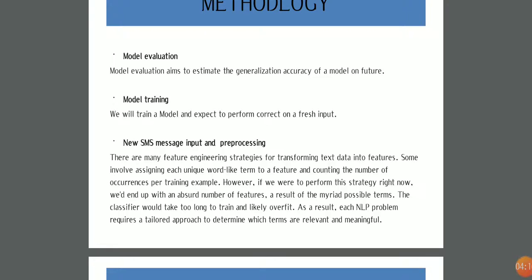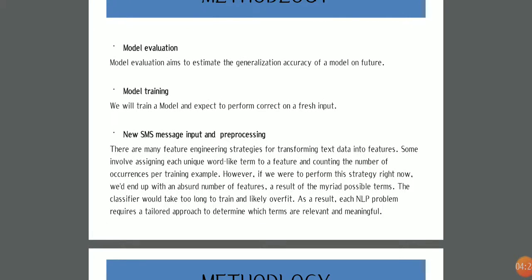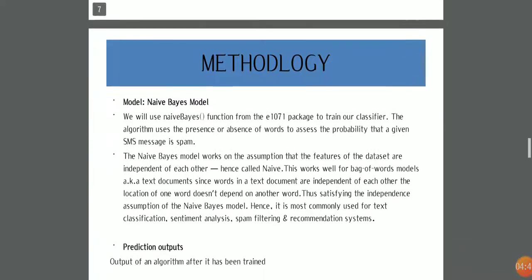Some involve assigning each unique word or term to a feature and counting the number of occurrences per training example. However, if we were to perform this strategy right now, we would end up with an enormous number of features, as a result of the myriad possible terms. The classifier would take too long to train and likely overfit. As a result, each NLP problem requires a tailored approach to determine which terms are relevant and meaningful.